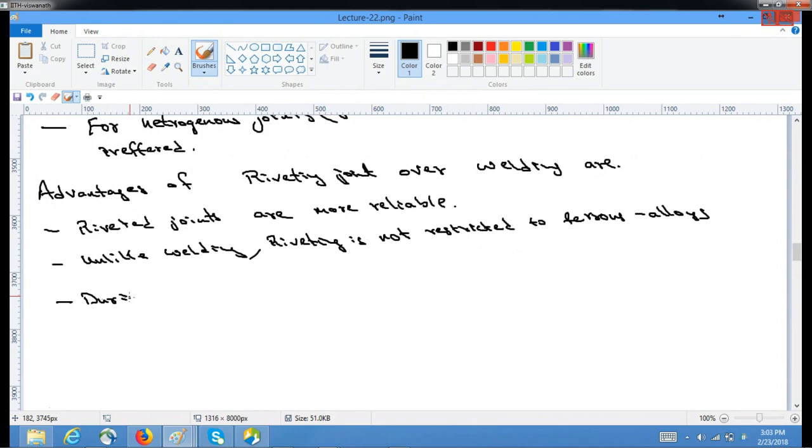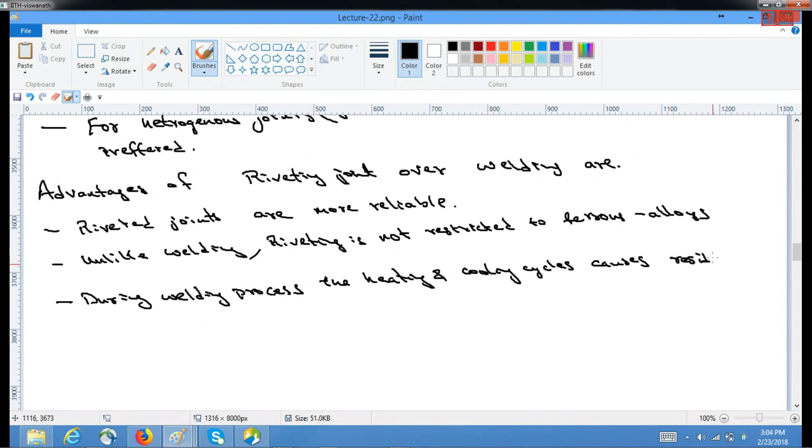During the welding process, the heating and cooling cycles cause residual stresses, while riveted parts have no such thermal after effects.